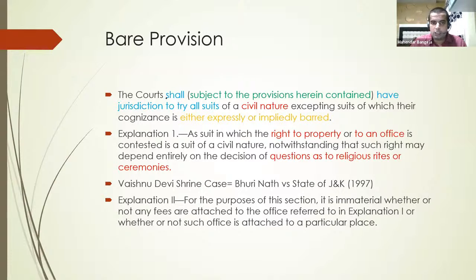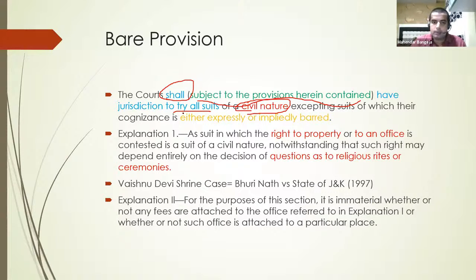The court shall, now it's a mandatory, the court shall, subject to the provisions herein contained, have jurisdiction to try all suits of civil nature, excepting the suit of which their cognizance is either expressly or impliedly barred.